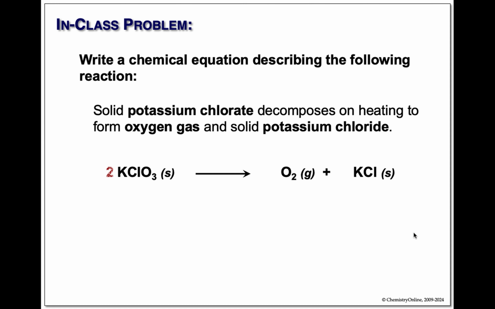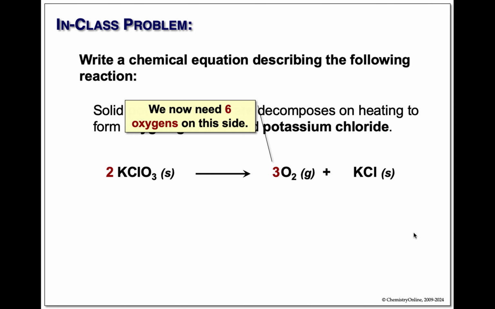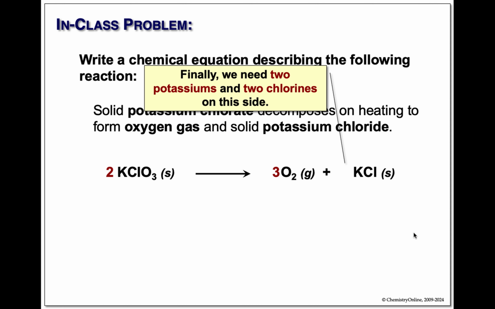There we go. Okay, 2 KClO3, that's now 6 oxygens and 2 KCl's. To get 6 oxygens, we have to put a 3 in here, and 2 KCl's, just a 2. 2 potassiums, 2 potassiums, 2 chlorines, 2 chlorines, 6 oxygens, 6 oxygens. We have balanced the equation.